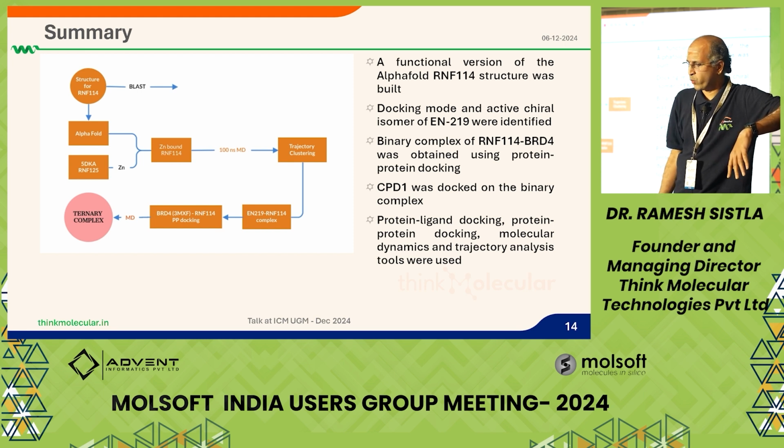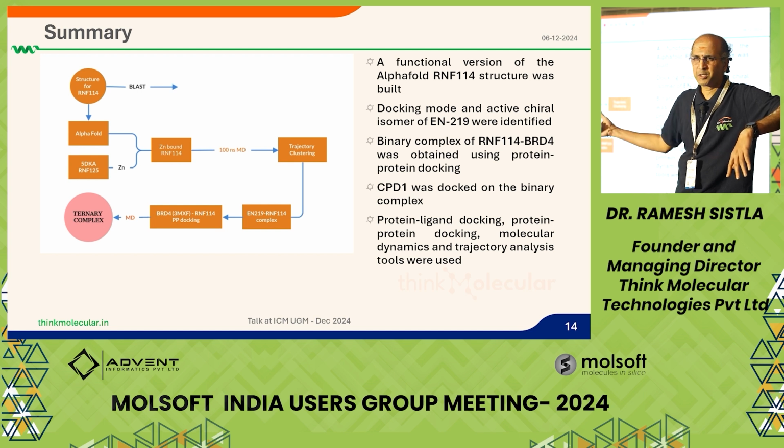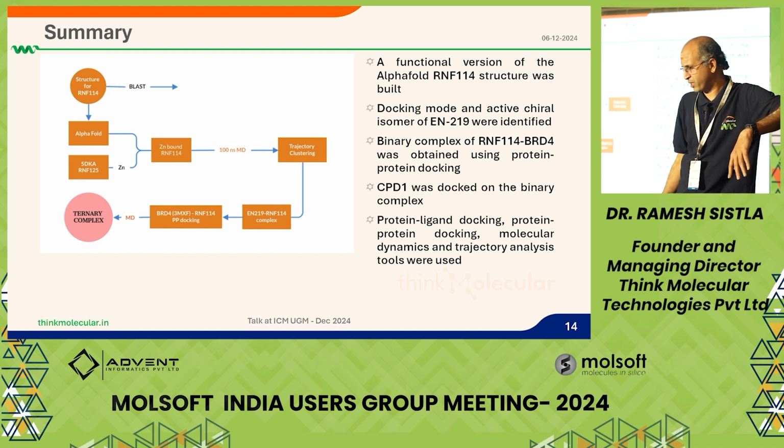But in this case, we went with a bottom-up approach, to answer Raghu's question of whether there are any other ligases that people consider. You do see off and on reports of other ligases which people use. In this particular case, there is a ligase called RNF114. This work is done by my colleague Hemant, and I am only presenting it.